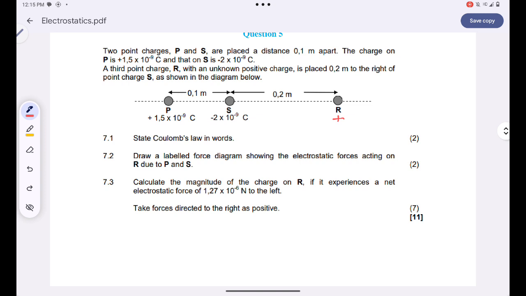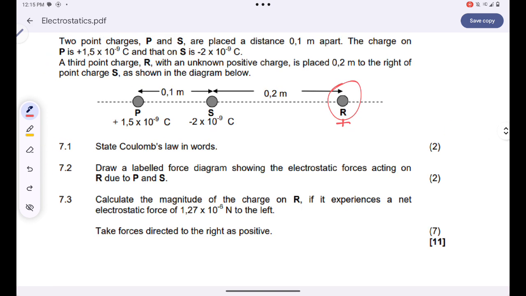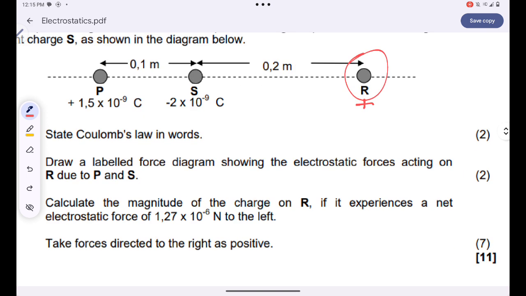7.2, they want us to draw a labeled force diagram showing all the electrostatic forces acting on R due to P and S. Okay, since R is a positive charge, I want to see how charge R behaves as a result of both charge S and charge P. So if this represents charge R, firstly I want to know how R behaves as a result of charge S. Both of the charges have two different polarities.